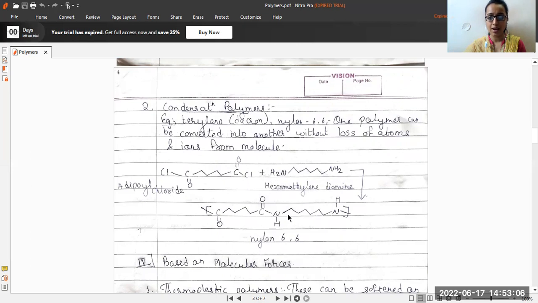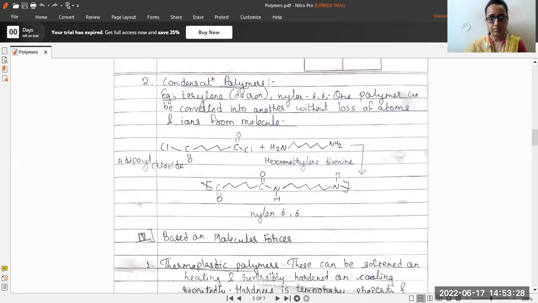A single structure is formed, known as nylon. The same process occurs with the next monomers attached to this structure. Therefore, it undergoes a condensation reaction. That's why it is called a condensation polymer. Examples are terylene, nylon, etc.